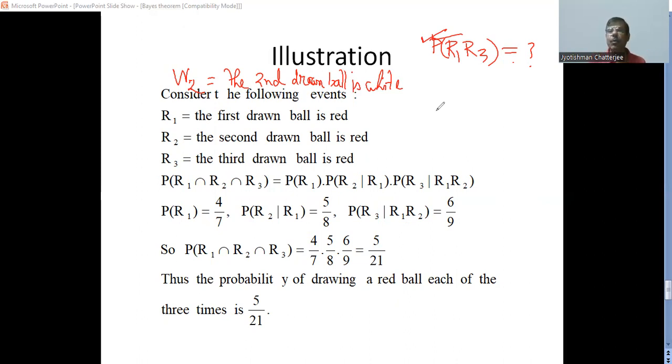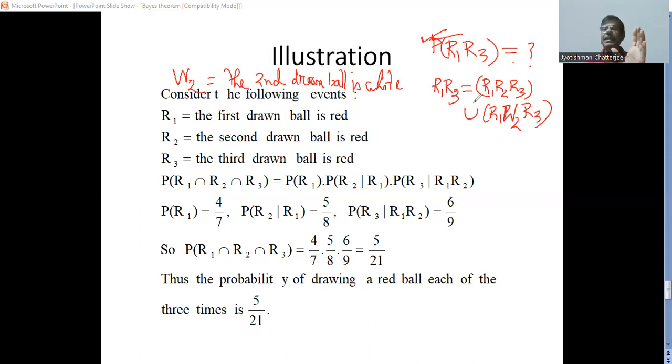In that case, what you can first observe is that R1, R3 is nothing but R1, R2, R3 union R1, W2, R3. Why is it so? R1 and R3 means the first and third balls are red.